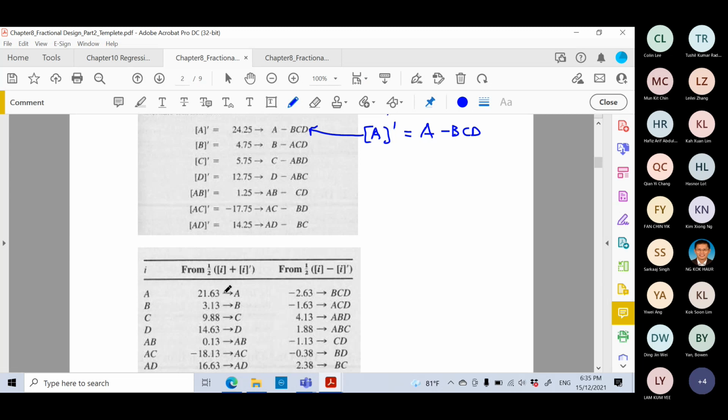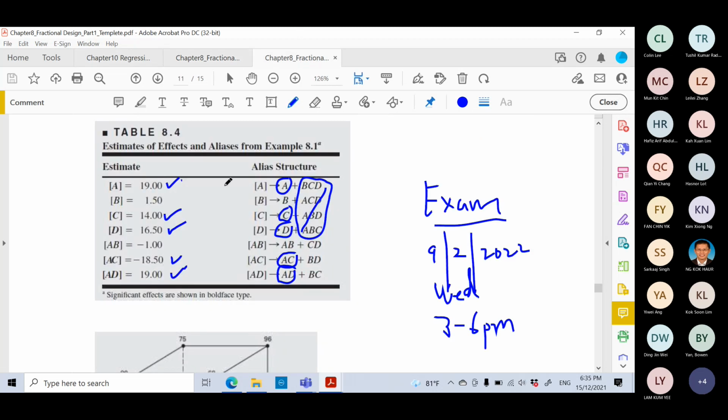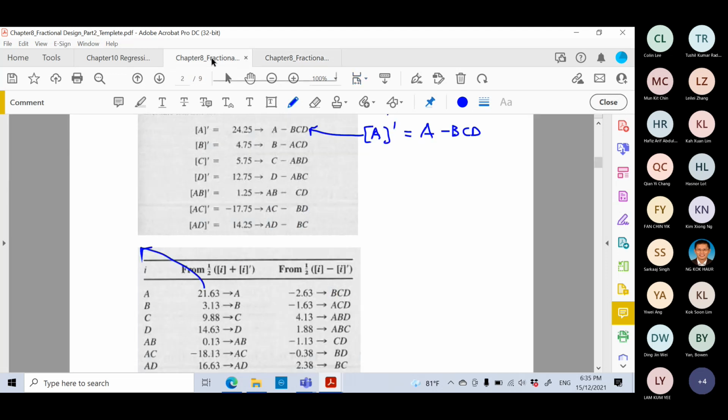The 21.63 is actually obtained from the example here: you get the first one is 19 plus the 24.25, divided by 2. So you will get 21.63.